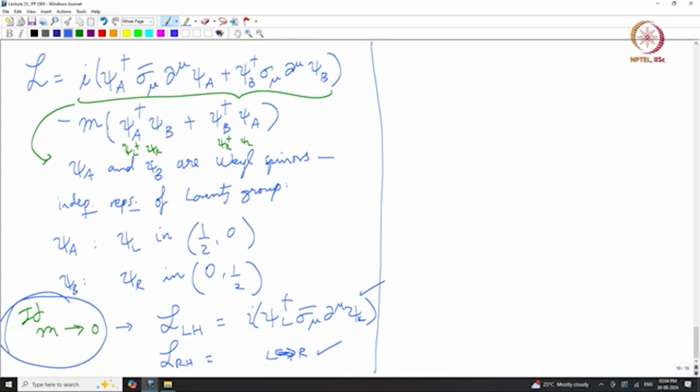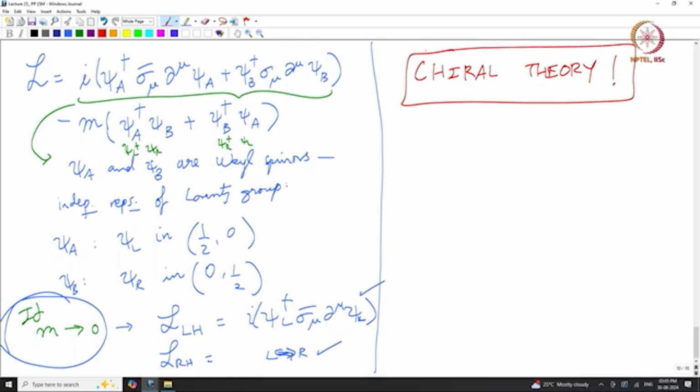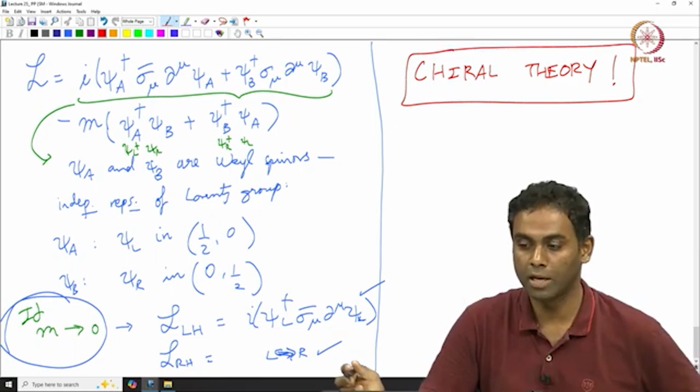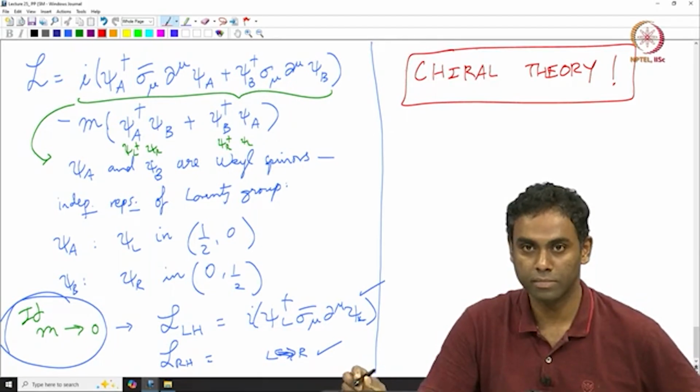This kind of behavior is exactly what is known as a chiral theory. Why chiral? Chiral means hand. So one hand is independent of the other hand in this case.